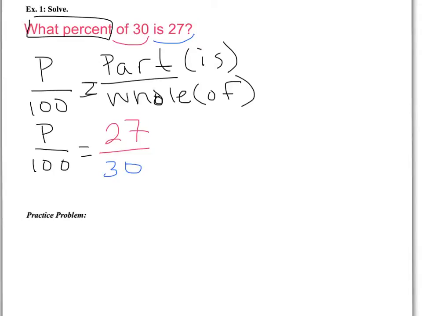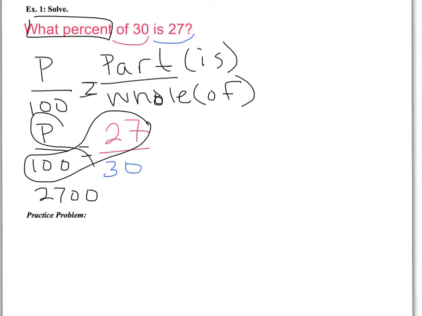We've been working hard to master our cross product skills, so I'm going to use that today. 27 times 100 is 2700, and 30 times p is 30p. Now we always look at the side with the variable to decide what to divide by. So I'm going to divide by 30.